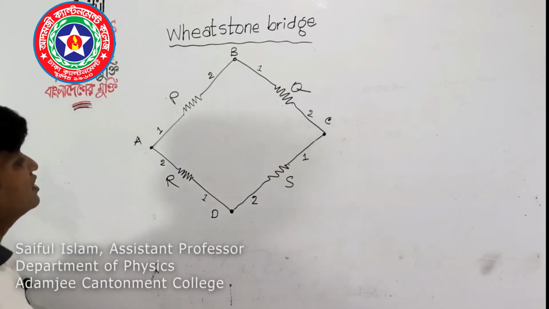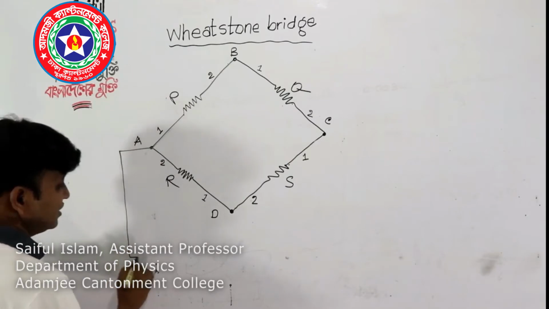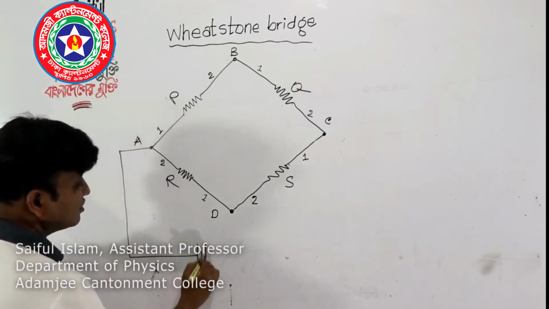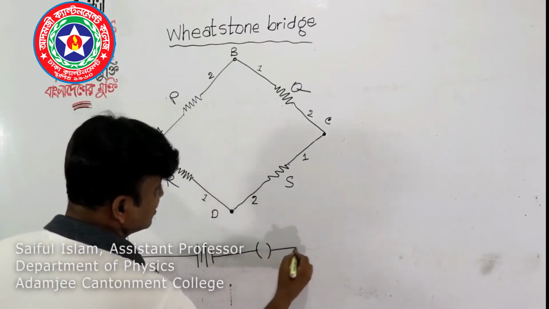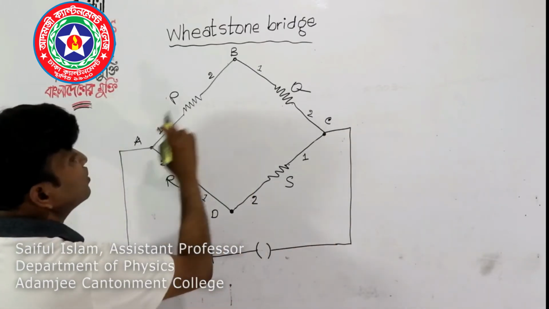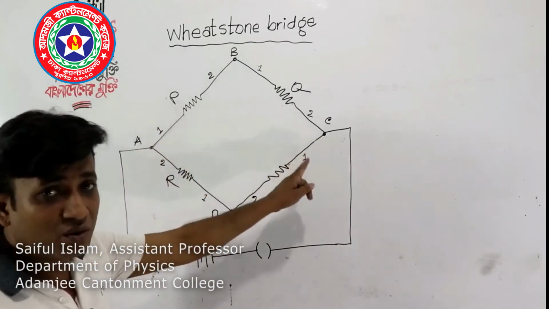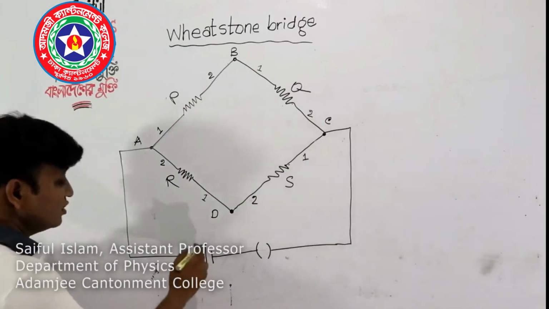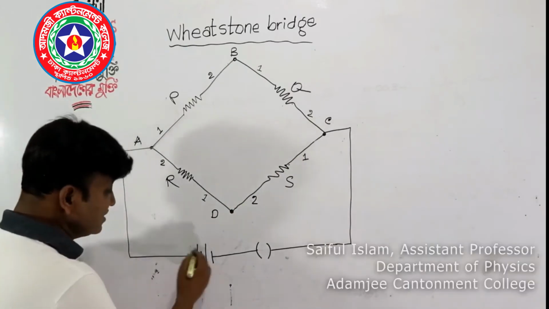Now, a battery or a cell and a key are connected between the 2 opposite ends A and C. Here a low voltage battery is used.